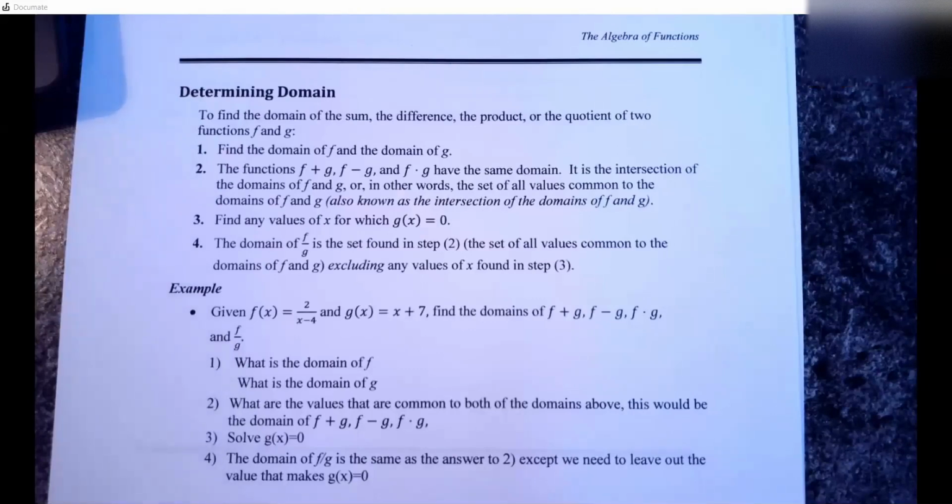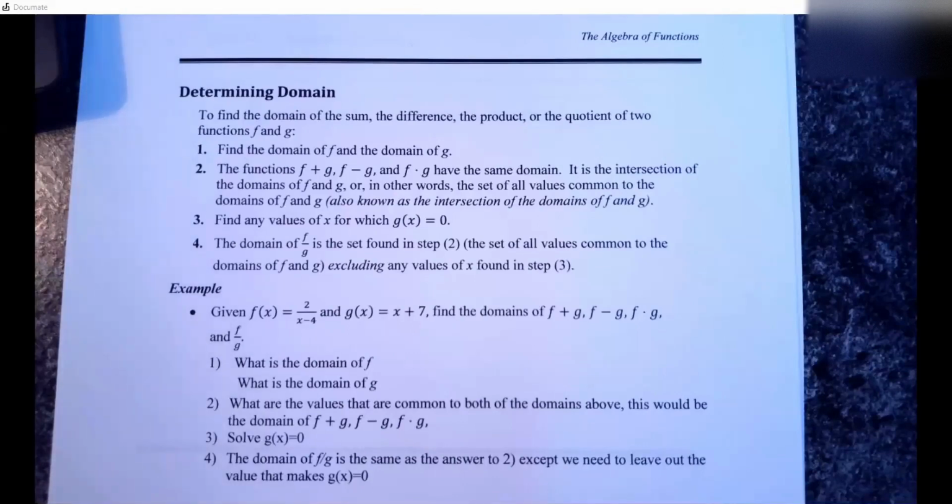And then the domains of the product, sum, and difference of those two functions will be nothing more than what we call the intersection of the two original domains, or what is common to both of those domains. And we'll look at one of those just in a minute.